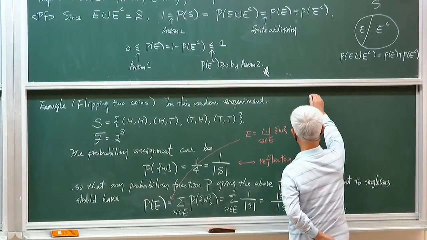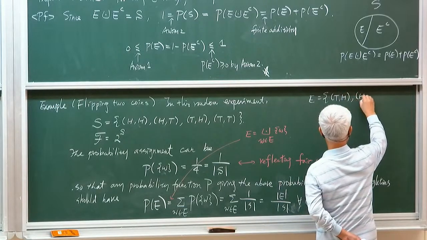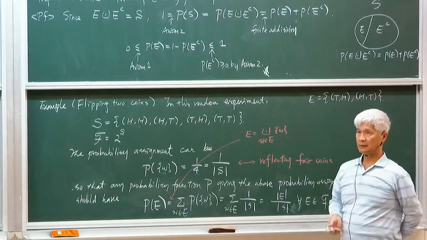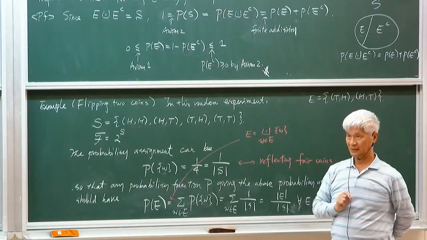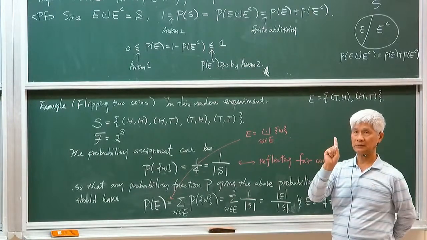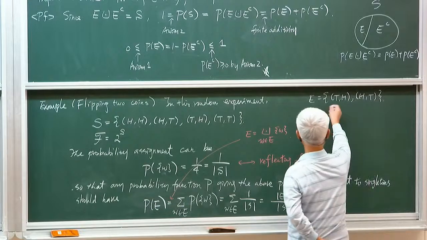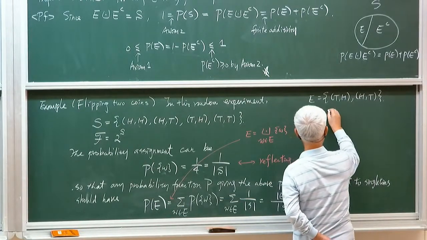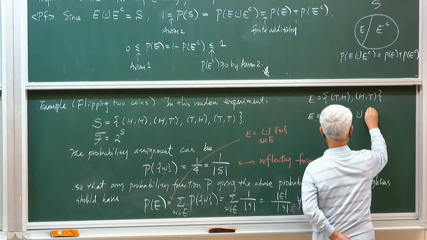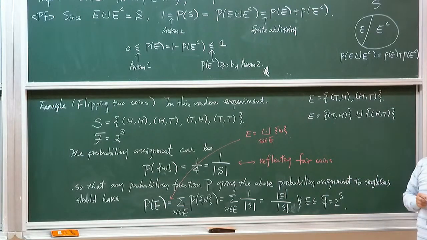For example, if E is the event that one and only one head appears in the outcome, then E is the union of these two singletons.